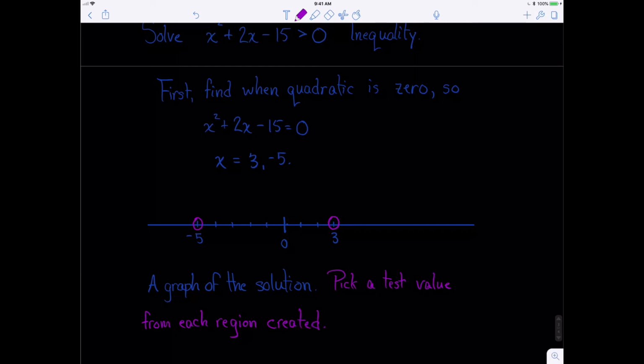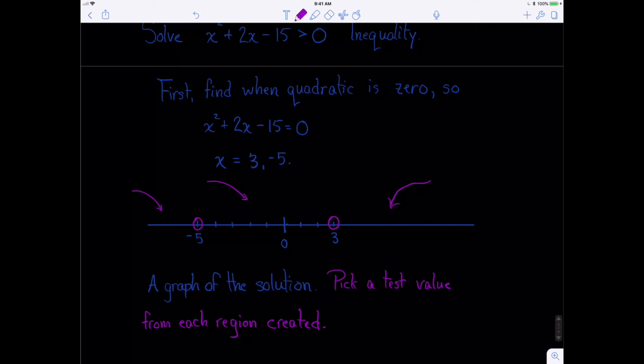Now, we look at our picture, we've created a region down here, anything below -5. We have an entire region between -5 and 3. And then finally, our last region is anything out here above 3. So you can pick any number from each region.